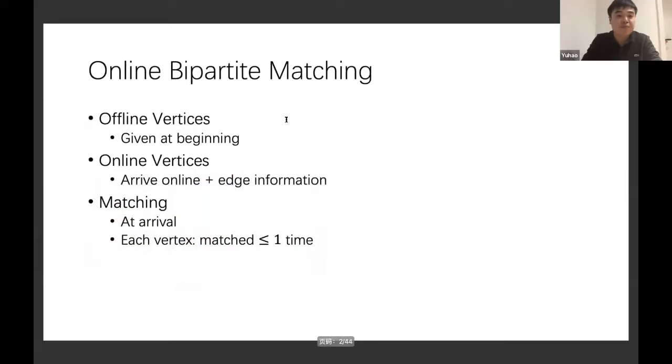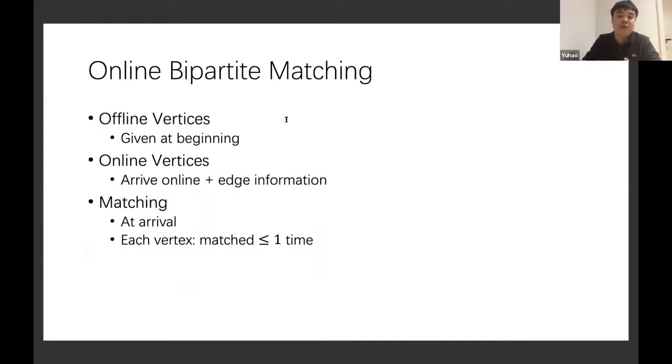The Adwords problem is also a generalization of the online bipartite matching problem. Let us first recall the classical model. In the classical model, we are given a bipartite graph, where one side's vertices are offline vertices, given at the beginning, and the other side is online vertices.